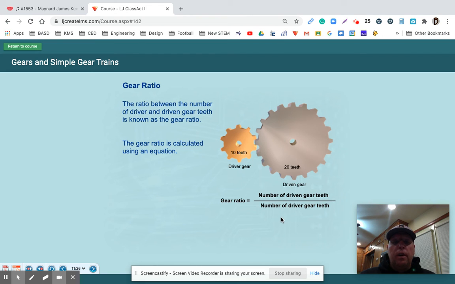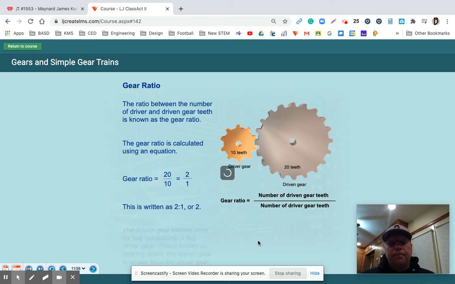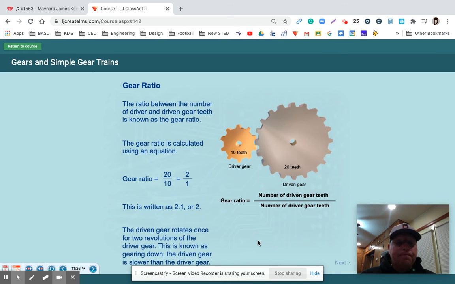So if we're to calculate this together, we would take 20 over 10, 20 divided by 10, 2 over 1. Gear ratio is either 2 to 1 or simply 2, just like how you reduce a fraction.